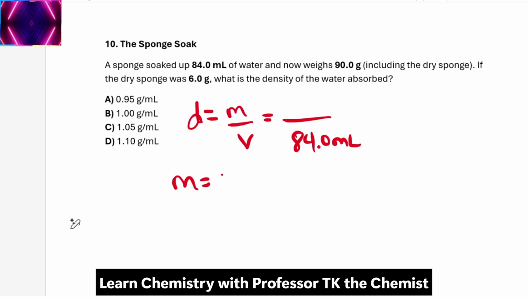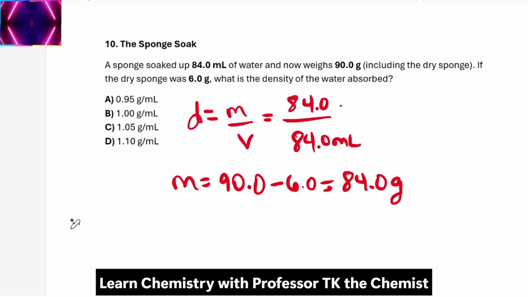So you would have to subtract those two numbers right there. In this case I get 84.0 grams, and 84.0 grams divided by 84.0 milliliters gives me 1.00 grams per milliliter. So the answer here is letter B.